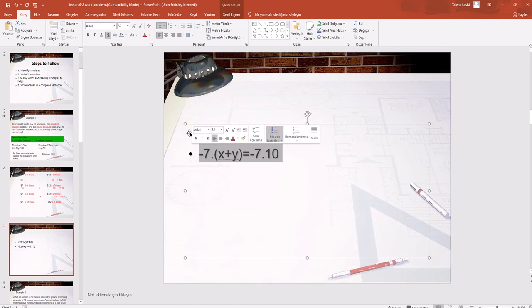So let us do this operation first. This one. What is it?